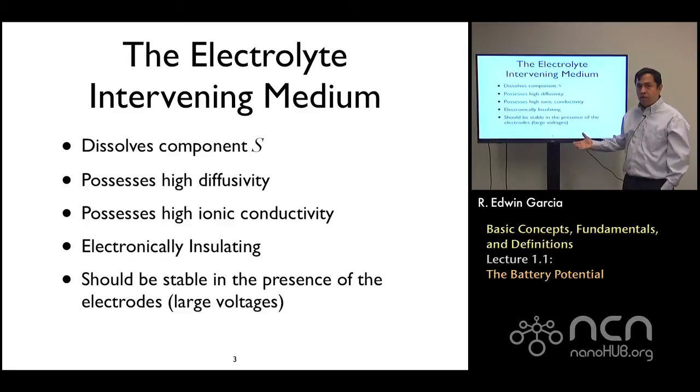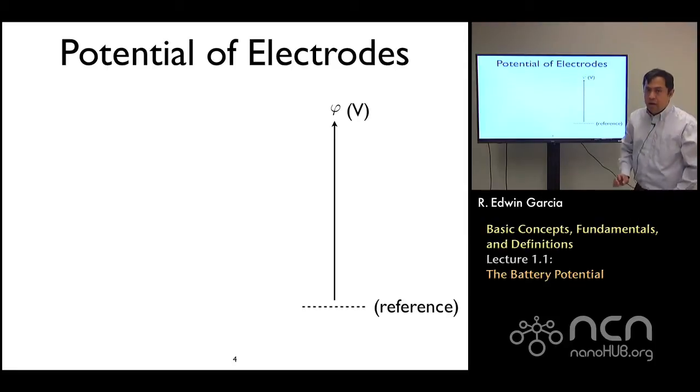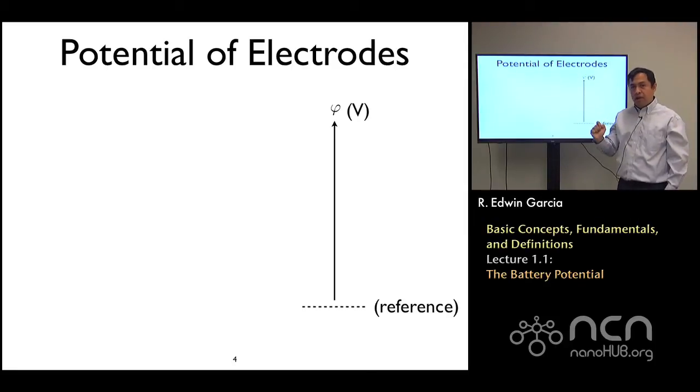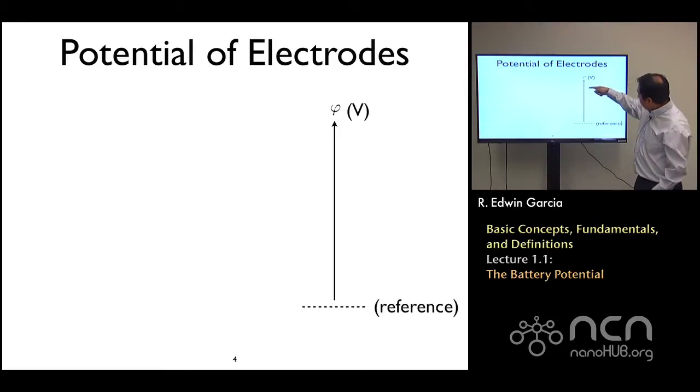But right now we're going to focus on the electrode materials themselves, to understand their basic properties. One of the most fundamental properties that one always wants to extract from a battery is the material potential, the voltage, or the galvanostatic drop that it has. This axis tells you what that potential should be, in volts, or in joules per coulomb if you prefer. This dashed line refers to what reference?